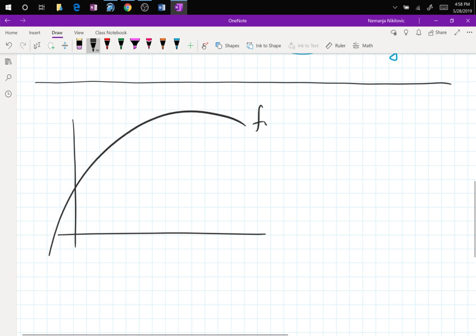Here's some function f of x. And I'm going to put 2 points, point P and point Q. Now, point P is going to be a fixed point.